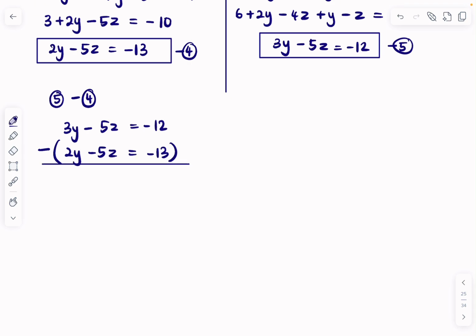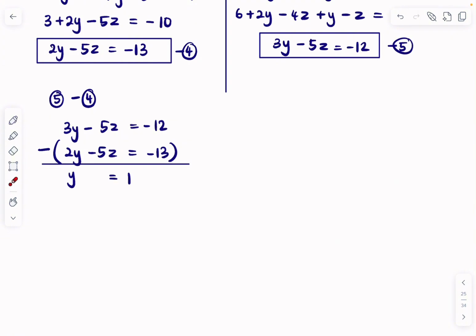So here 3y minus 2y is just y. Negative 5z minus negative 5z cancels off. Negative 12 minus negative 13 will be 1. So y equals to 1 now.